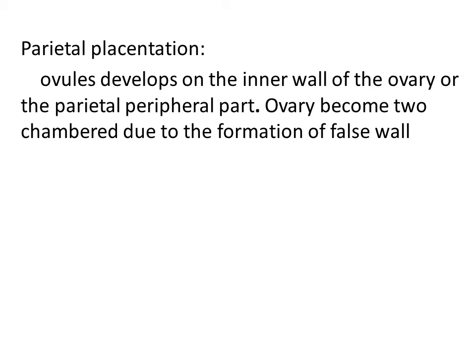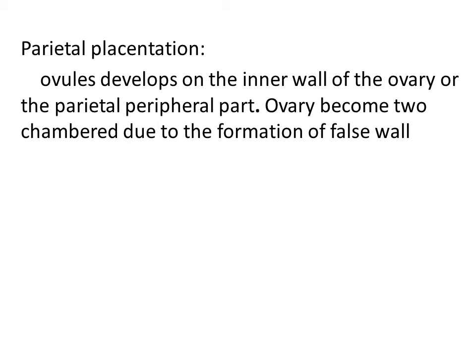Because of the formation of false septa or false wall, the ovary becomes two chambered. The ovary already consists of the outermost wall and the placenta forms one more wall. That wall is called the pseudo wall, or false wall. So when the placenta forms the false wall, the ovary becomes two chambered.